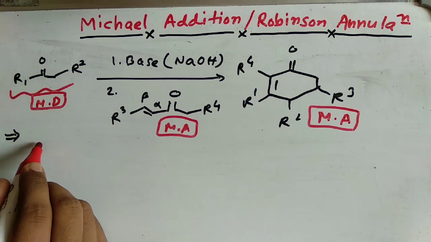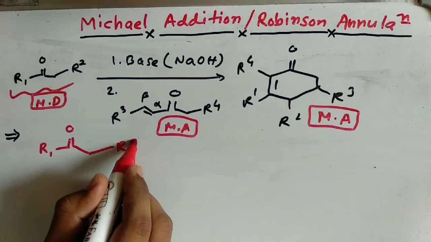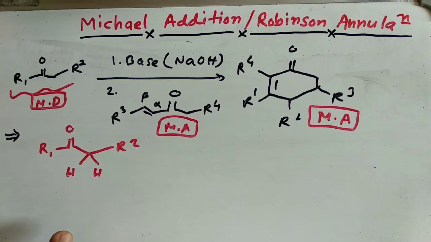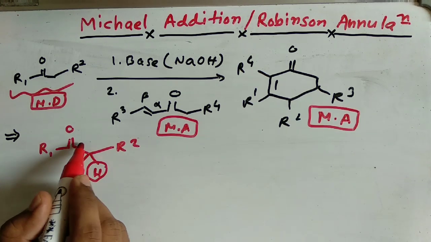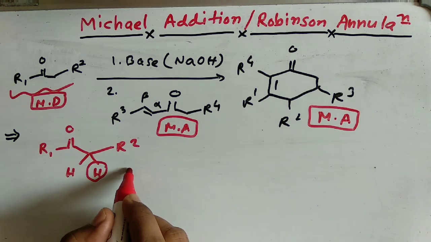Okay, so this is R1, this one R2, there will be a methylene system that is acidic. And why is it acidic? Likely the same as the previous one, because after generating this carbanion, it is resonance stabilized with this ketone. That's why it will easily form the conjugate base. Okay, and that's why it's acidic.